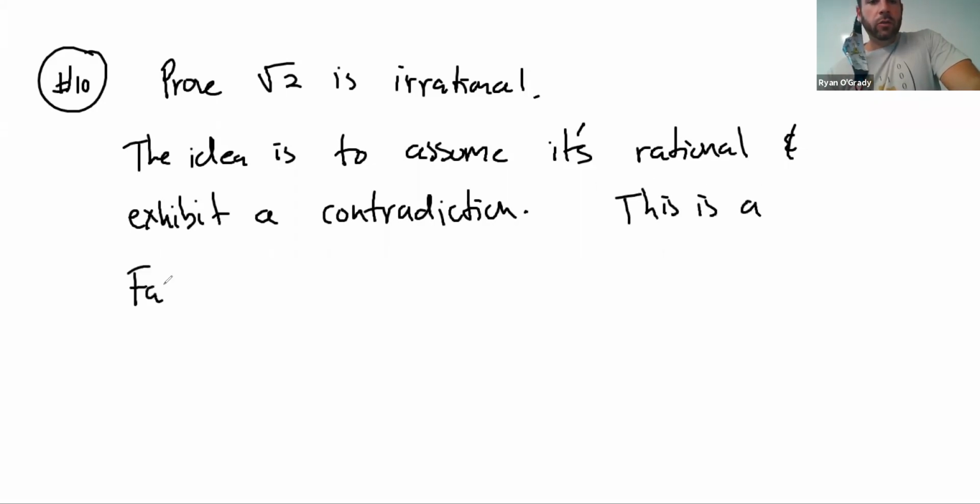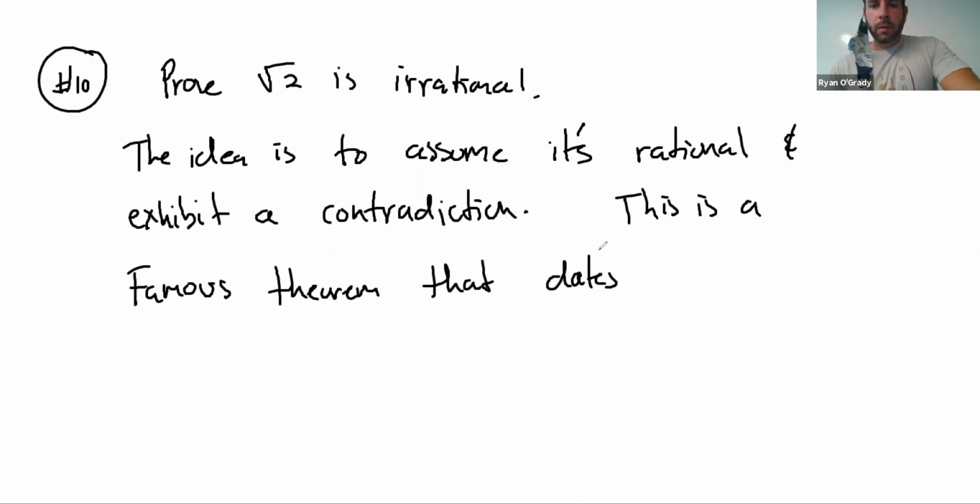And there are solutions to this, or proofs, I should say. One of the first was given by Euclid. I'm sure there are others in different cultures, perhaps. But it's one of the original proofs that we have, particularly of using what we call proof by contradiction.